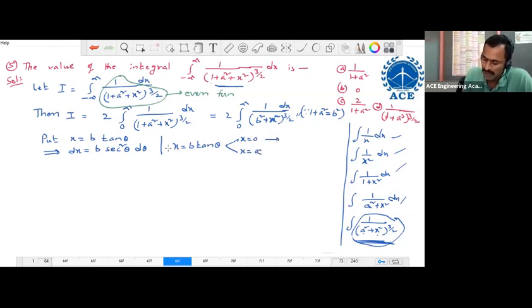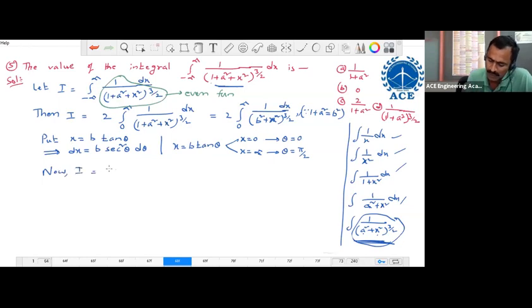If x equals 0, tan theta equals 0, then theta equals 0. If x equals infinity, tan theta equals infinity, then theta equals pi by 2. As x varies from 0 to infinity, theta varies from 0 to pi by 2. Now we substitute all this in the integral.